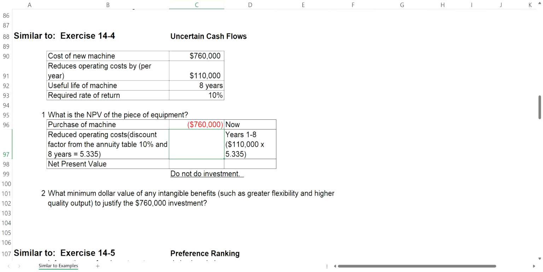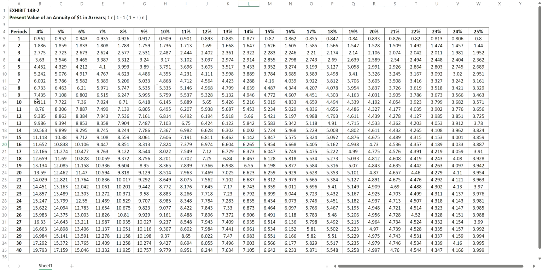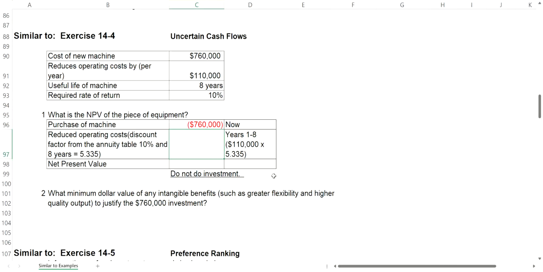So I will go to the annuity table. I will look across the 8-year row. Okay, and my required rate of return is 10%. So right here, I am at 8 years, 10%. So make sure you're looking at it carefully here, 5.335. Okay, so I show you here, that's what I'm going to do.